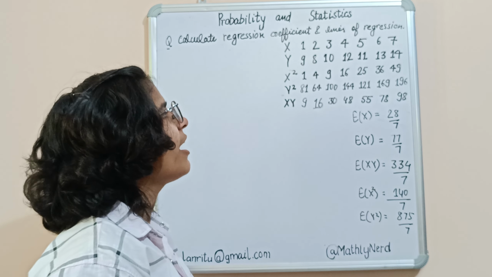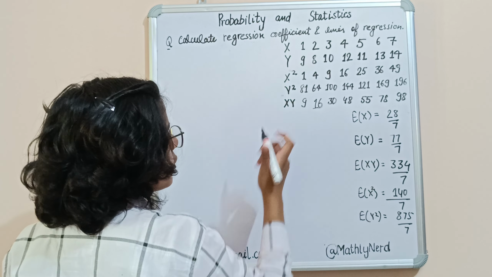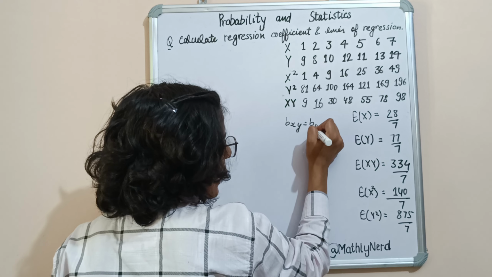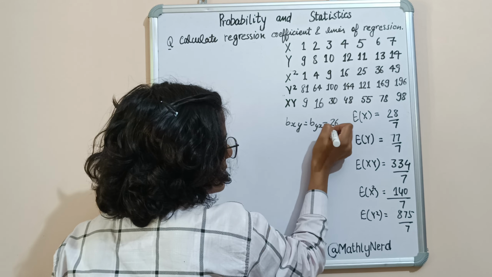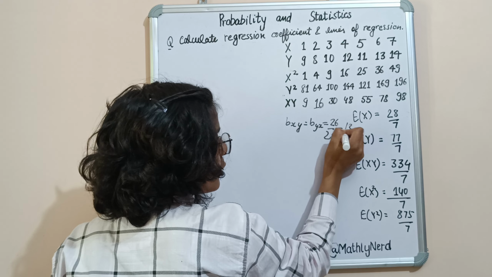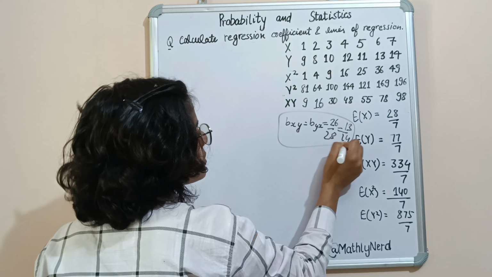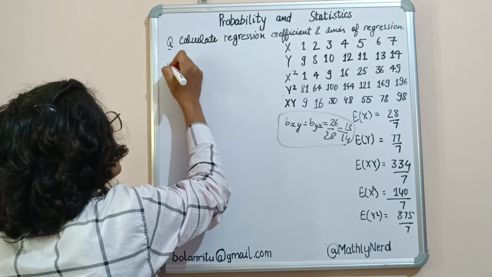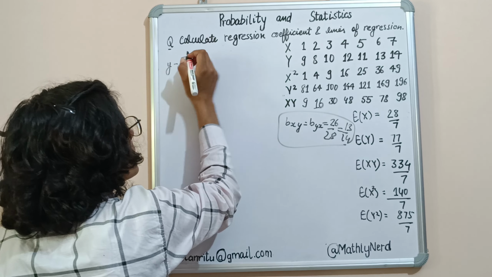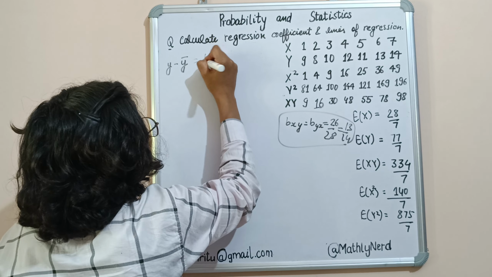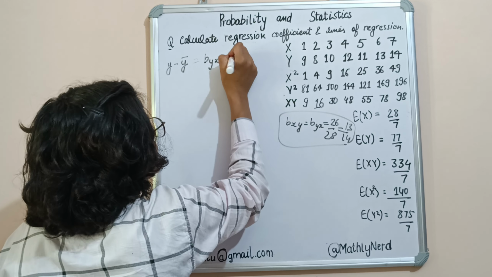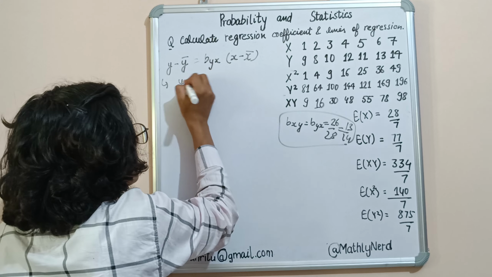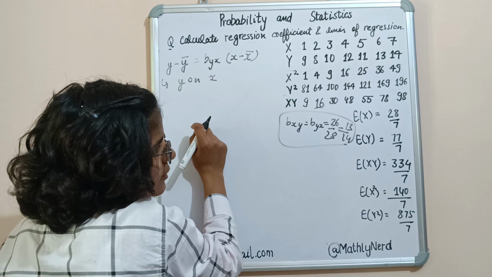Now we have to find our regression lines, and we have already found that bxy equals byx equals 26 by 28, or 13 by 14, for this particular question. Now the equation of the line of regression is y minus y bar equals byx times x minus x bar. So for line y on x, we will just put in the values.